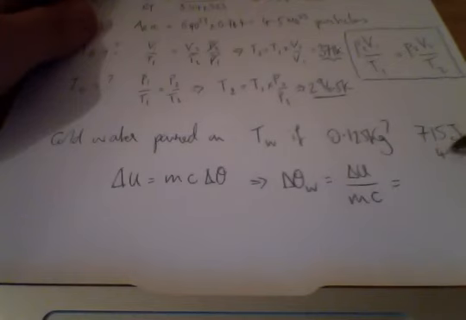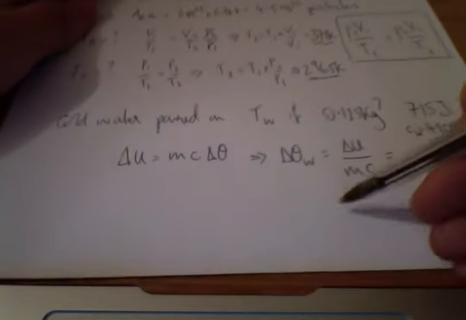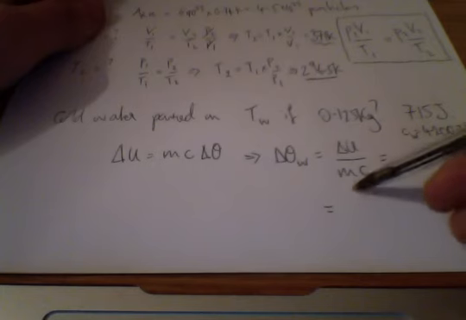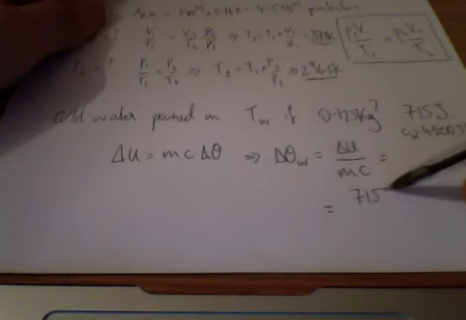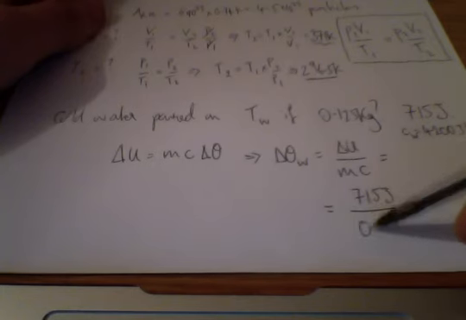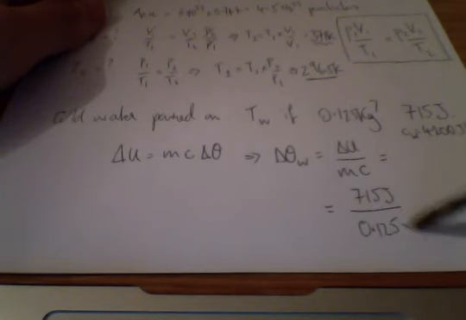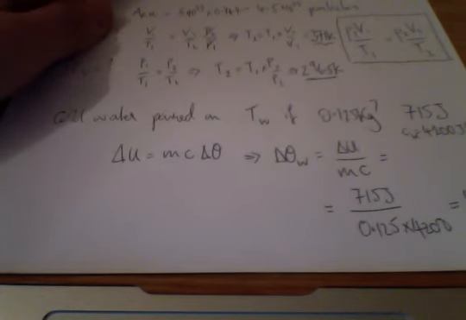And hopefully you know that that's the specific heat capacity of water, joules per Kelvin per kilogram. Right, so if we had 715 joules extracted from the water, we've got 0.125 kilograms of it, and we know the specific heat capacity is, then that brings us to a 1.36 Kelvin change in temperature of the water.